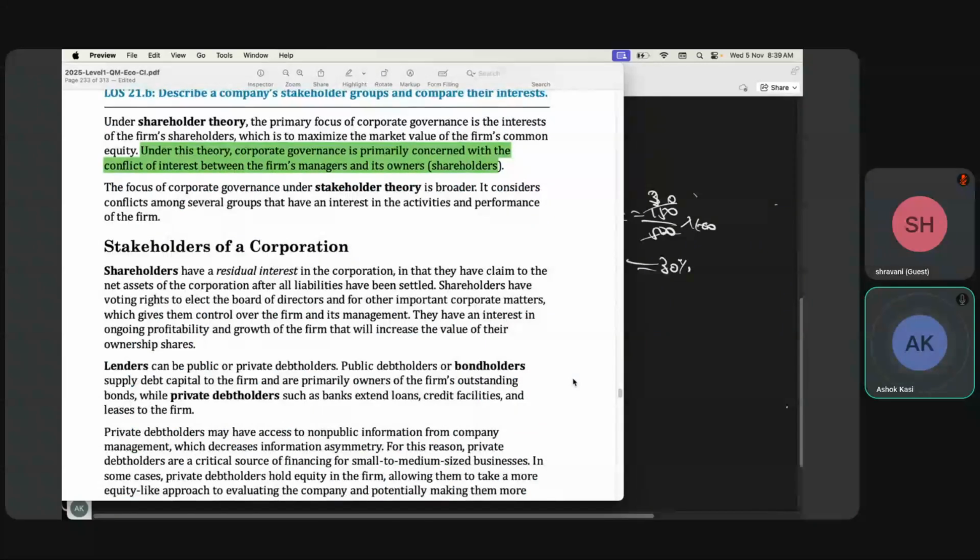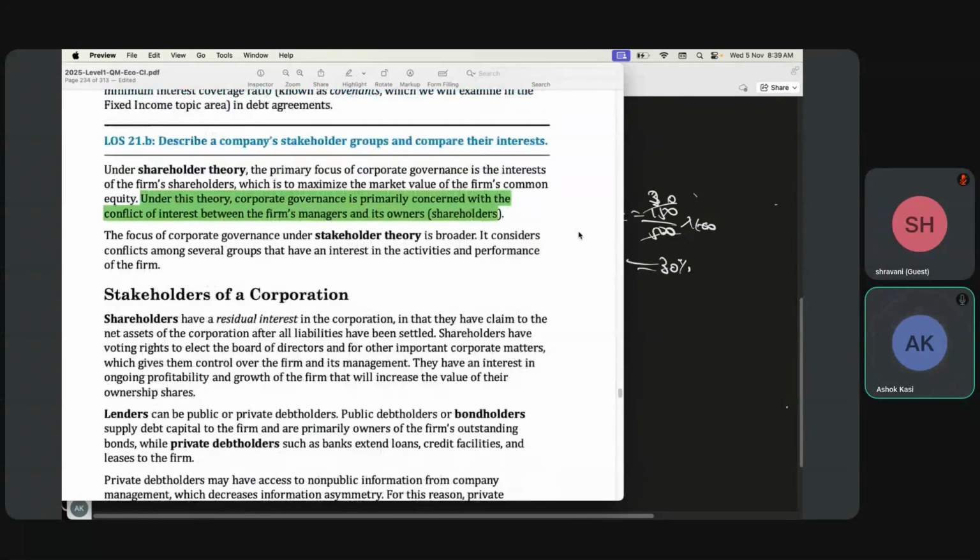Then under shareholder theory, now what is shareholders theory? Under this simple theory, corporate governance is primarily concerned with the conflict of interest between the firm's managers and its owners. Now, what is the conflict of interest here?